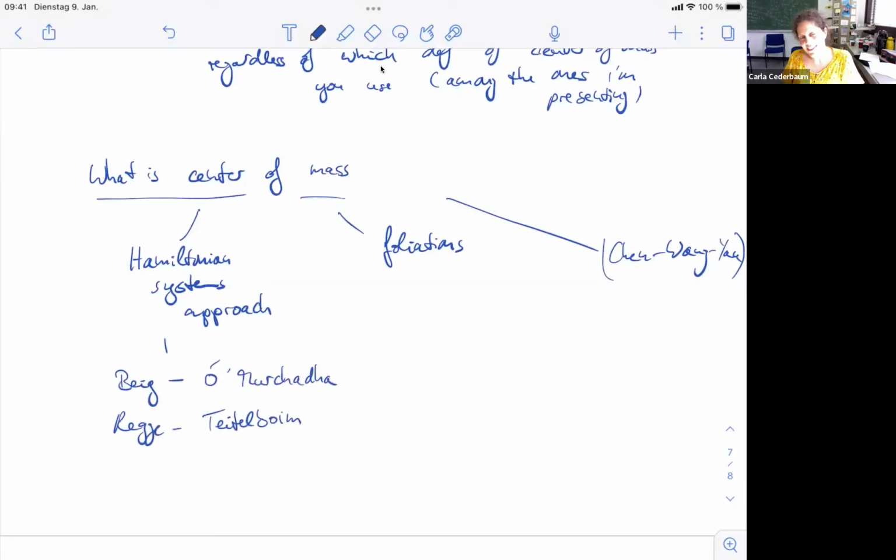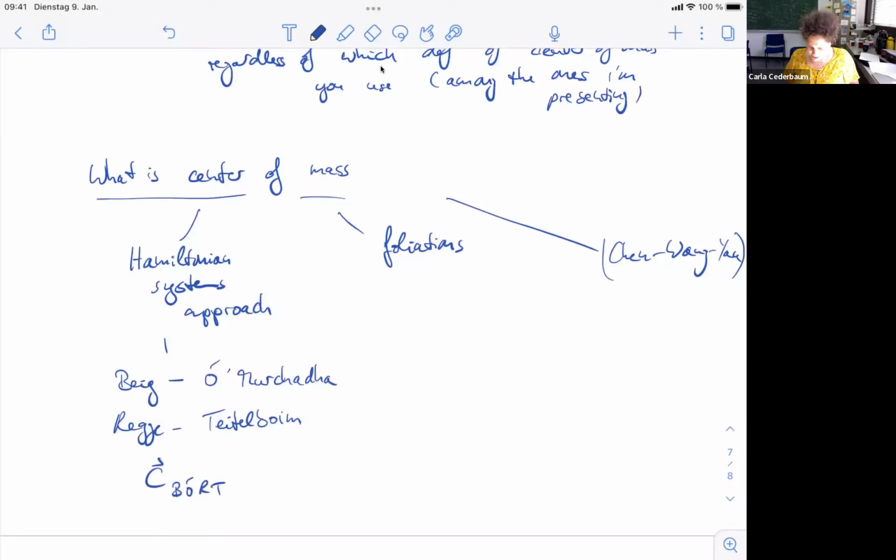What they did is they used the same Hamiltonian systems approach that Arnowitt, Deser, and Misner used to derive a surface integral at infinity formula for the center of mass. This is called the Beig, Ó Murchadha, Regge, Teitelbaum center of mass. Regge and Teitelbaum did this first, I believe, in the 70s. Then there was a small gap or error that was closed by Beig and Ó Murchadha, I think in the 80s, but I may be off with the decades. And the formula is similar.